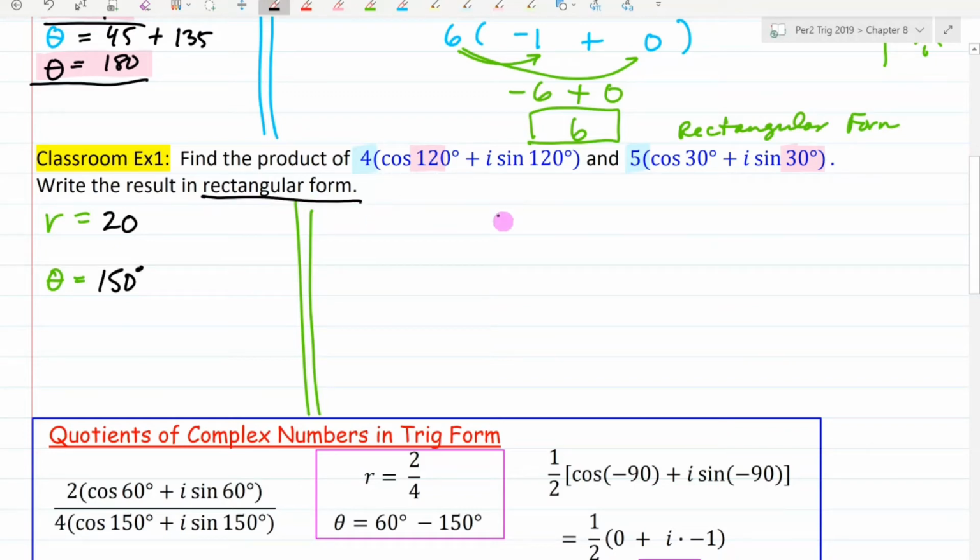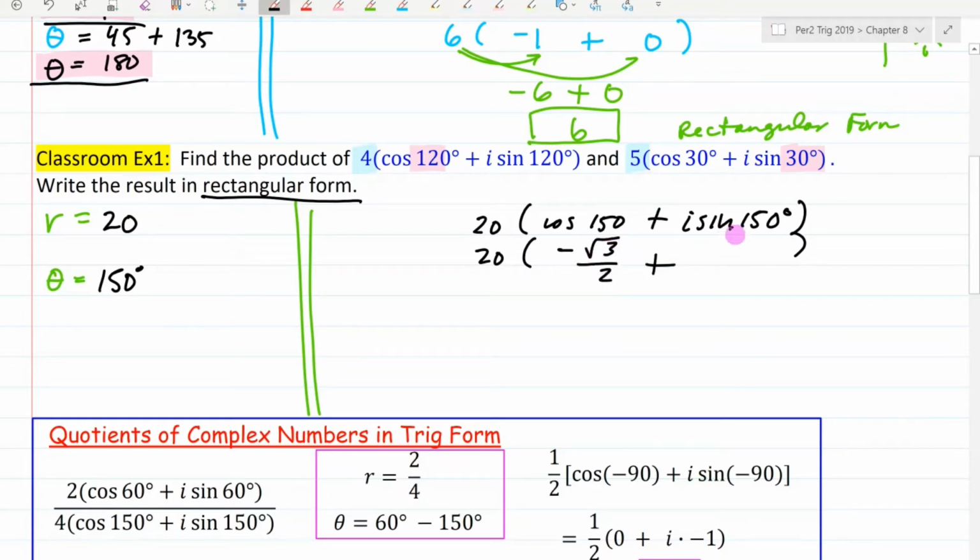So we're going to have 20, and I'm going to go ahead and write it out: cosine of 150 plus i sine of 150. So that's going to be 20 times, the cosine of 150 is negative radical 3 over 2, and the sine of 150 is 1/2. So this is i times a half, or 1/2 i.